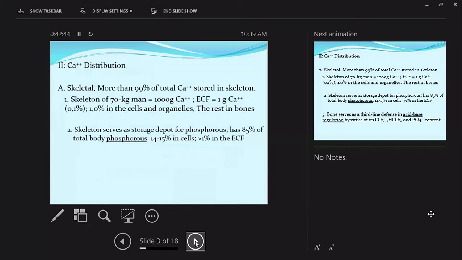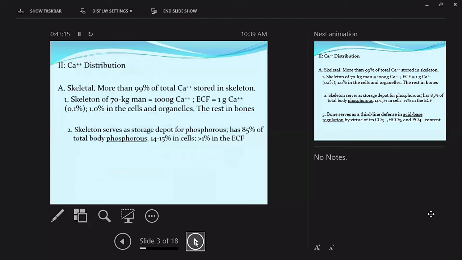The skeleton serves as the storage depot also for phosphorus, aside from calcium. The bone has 85% of total body phosphorus. This is 14 to 15% in the cells and only slightly more than 1% in the extracellular fluid.